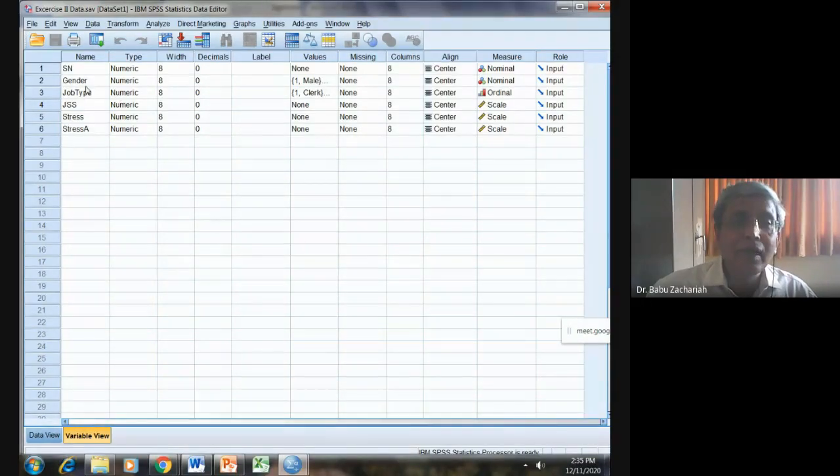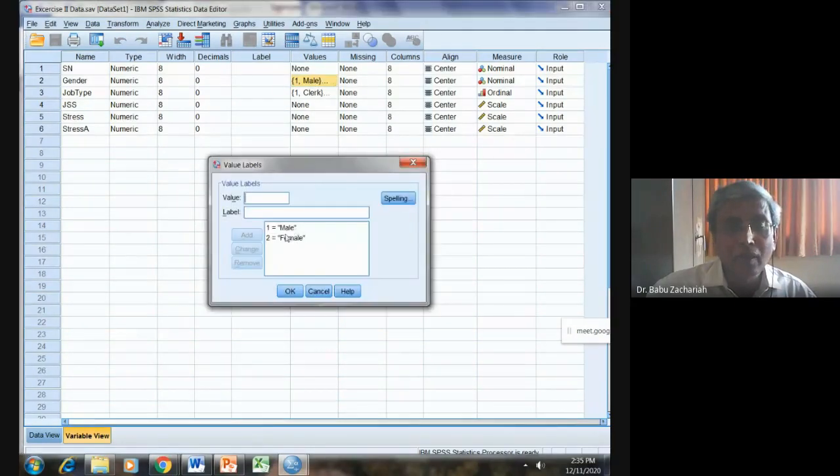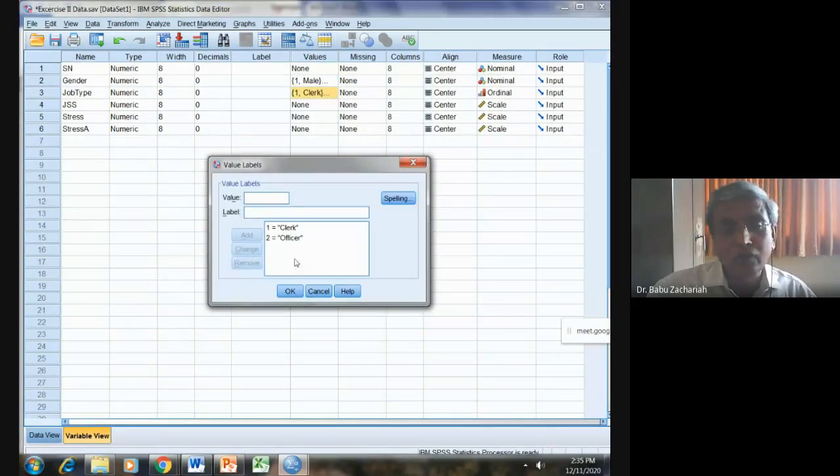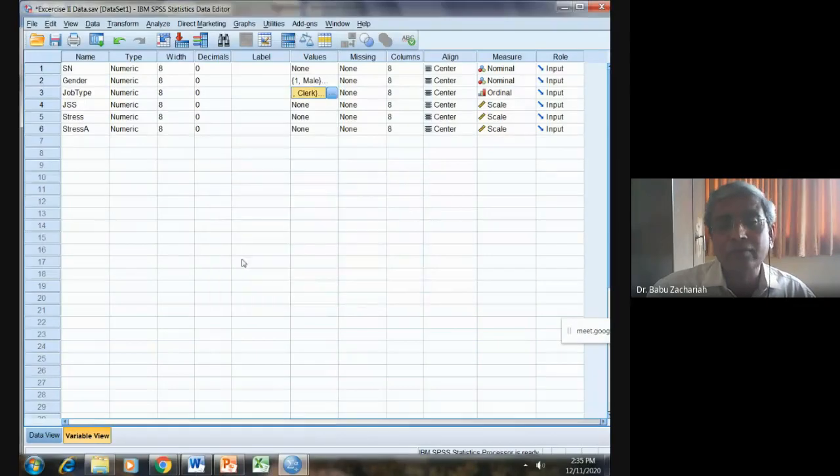And gender and job type, they are coded variables. So this 1 for male, 2 for female code is given. Job type, 1 for clerk, 2 for officer, that's also given. Okay. Then no missing values, column width 8, everything is centered.